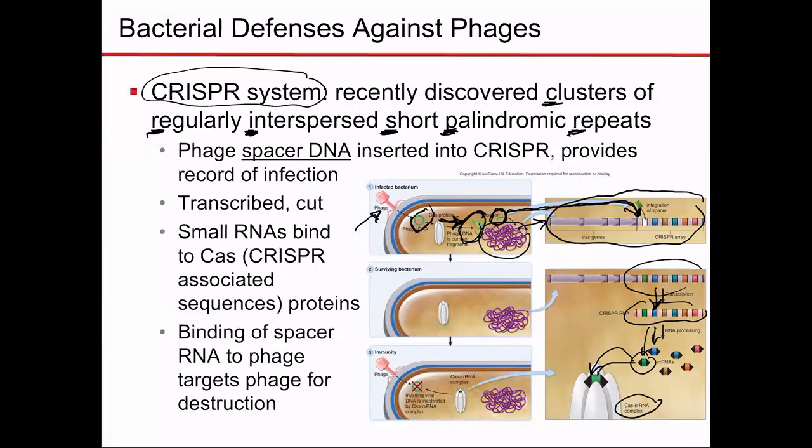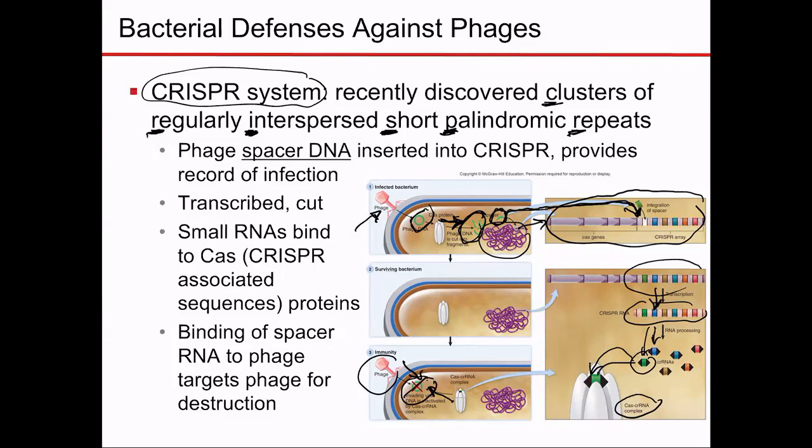And if a virus with that similar sequence all of a sudden tries to infect this cell, and this could be many generations after the initial cell captured that sequence, right? If the virus with that sequence enters this cell now, this Cas CRISPR RNA complex will detect the presence of that sequence because it's going to be homologous and it's going to have a complementary interaction with that sequence.